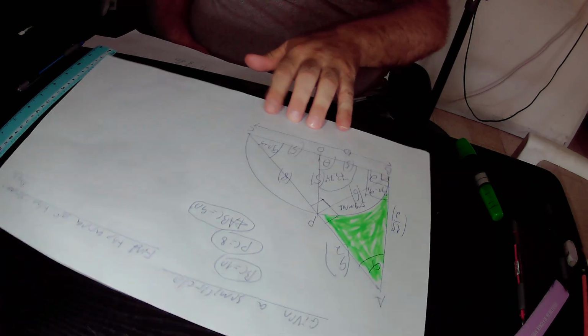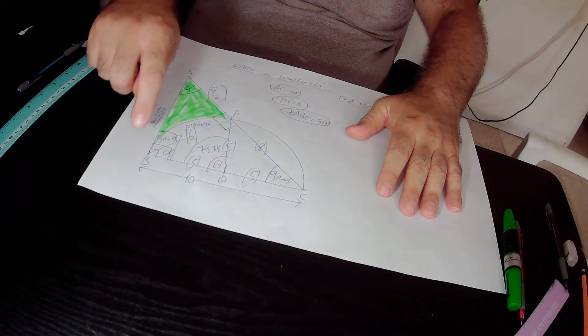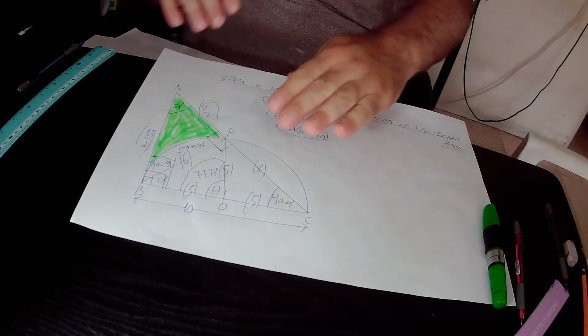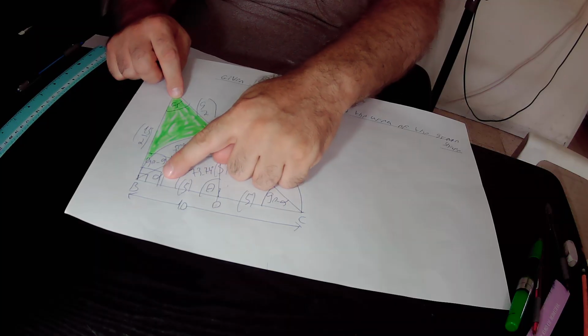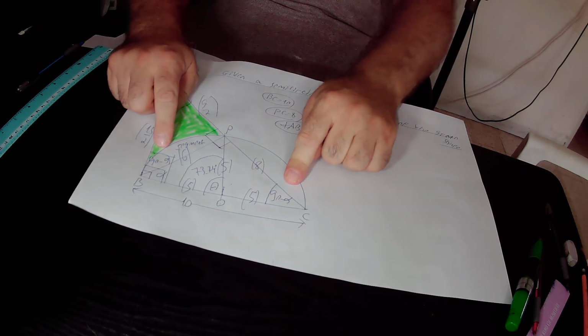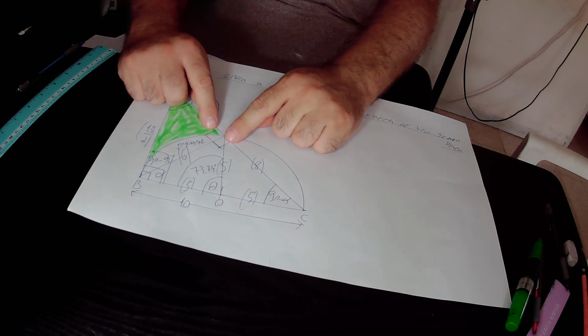So in the next step, we prove that the right triangle APB is similar to the right triangle BPC according to the angle similarity rule. Why are those two right triangles similar to each other? First of all, those two angles are both equal to alpha, therefore they are equal to each other. In addition, those two angles are both equal to 90 degrees minus alpha, therefore they are equal to each other. And finally, those two angles are both equal to 90 degrees, and therefore they are equal to each other.